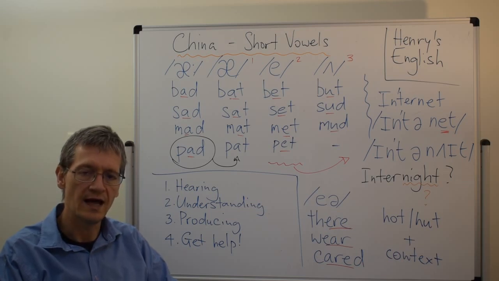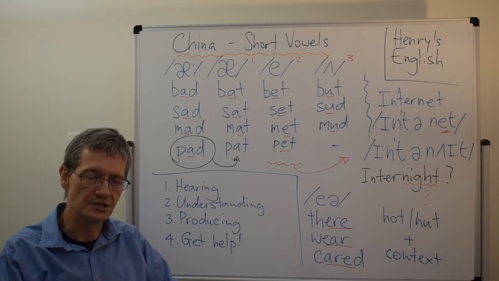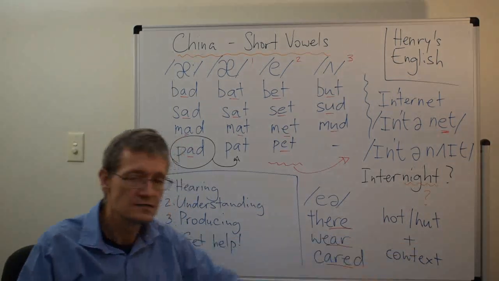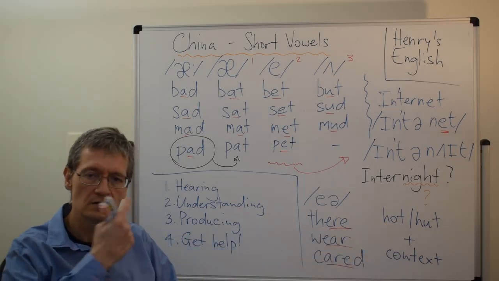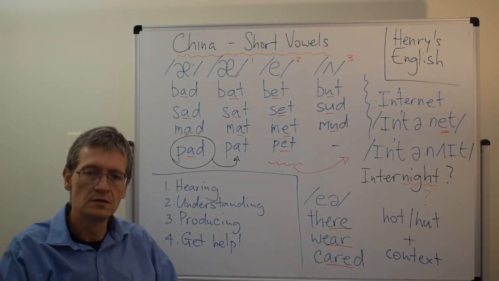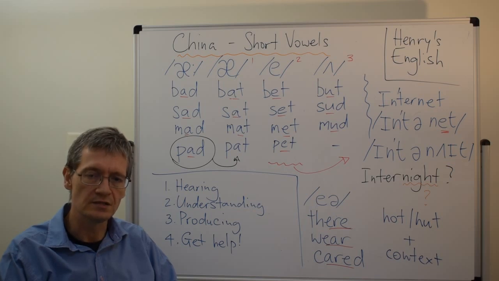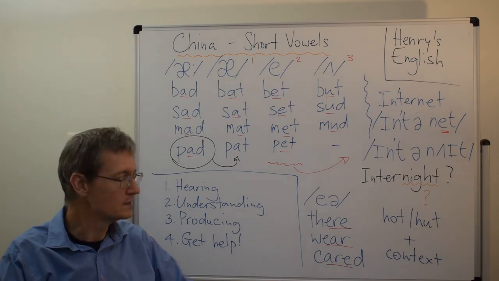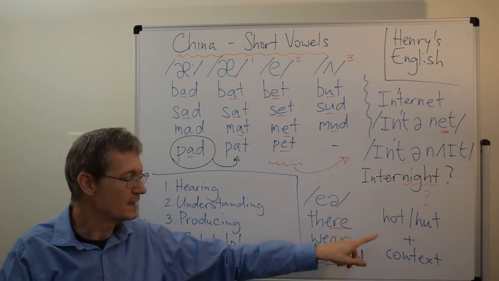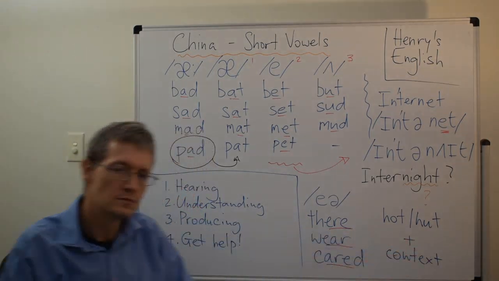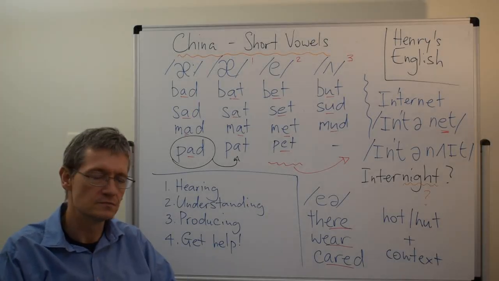Hot and hut. Hot and hut. So this is Australian pronunciation. There's a clear distinction. This sound, you make a round shape with your mouth when you're pronouncing it. Now, when Americans say this word, it's more like hut. In fact, it's closer to this word in pronunciation.